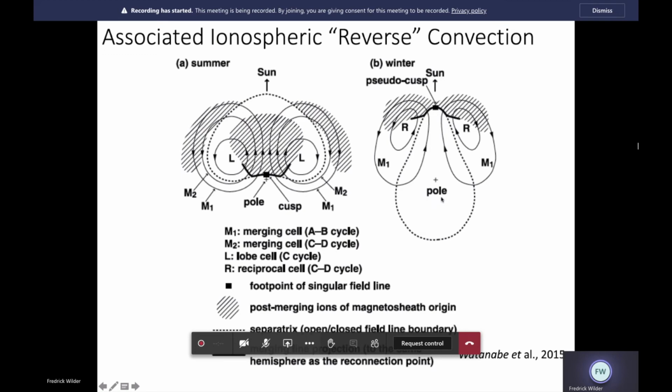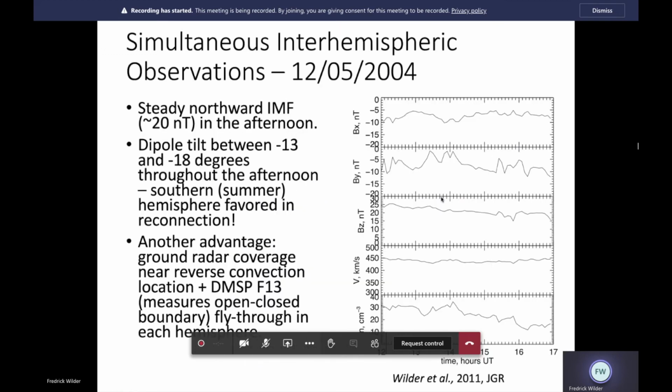And why is this important? Well, I was doing interhemispheric observations back when I was in graduate school. This was a strongly northward IMF event. So we would expect reverse convection in both hemispheres. And there was a large dipole tilt, which means the southern hemisphere is in the summer, and so we might see reconnection first.